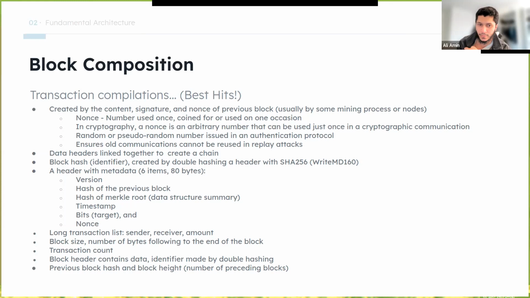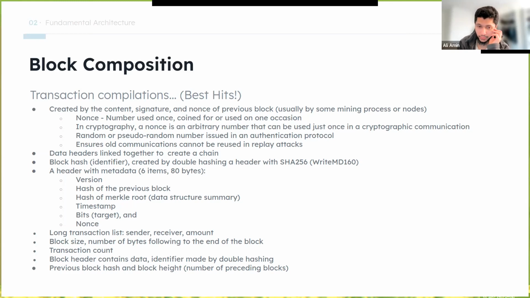So these headers, you put the headers together and it creates a chain. So you have the block hash. The block hash identifies that individual block. And you get the block header, you hash it 2 times with SHA-256, and it creates the block hash. The header itself has metadata in it, and it has 6 items which can't exceed more than 80 bytes, which is the version of that blockchain, the hash of the previous block, the hash of the Merkle root.